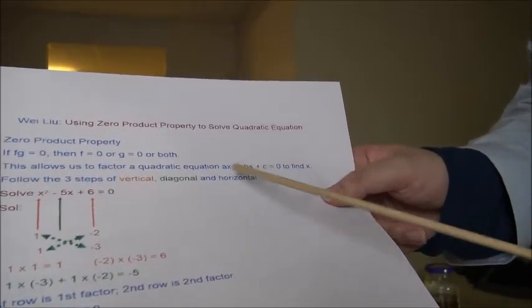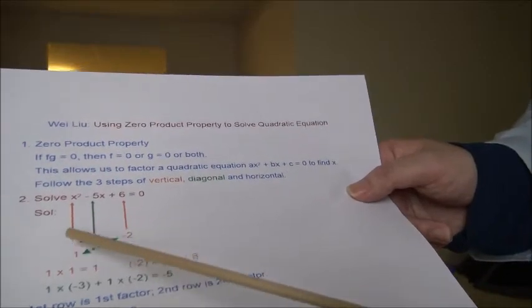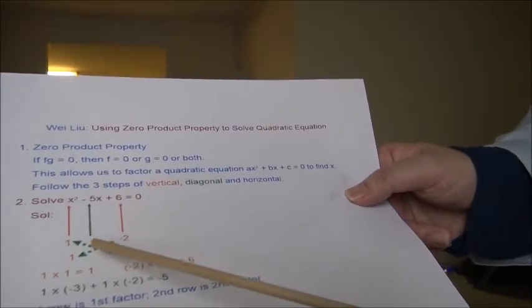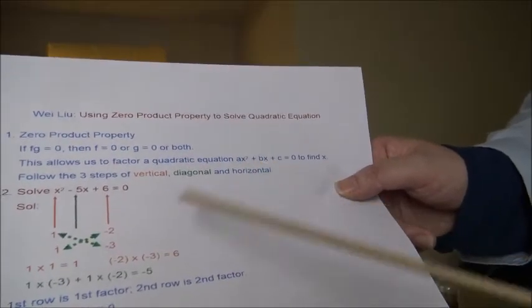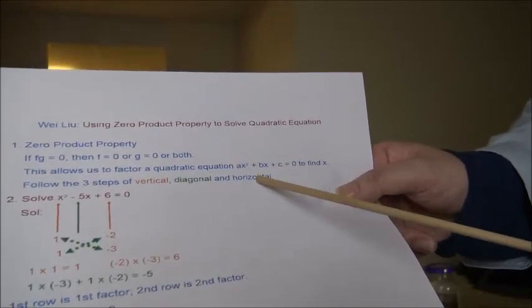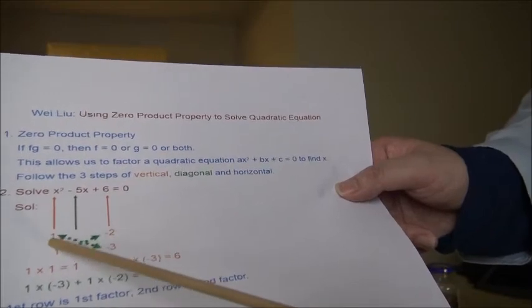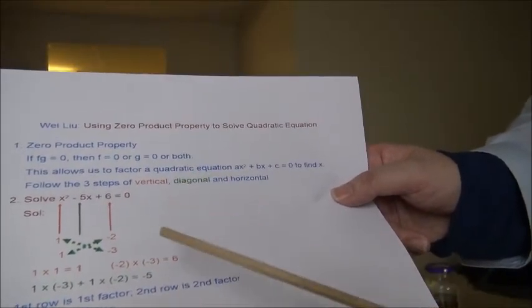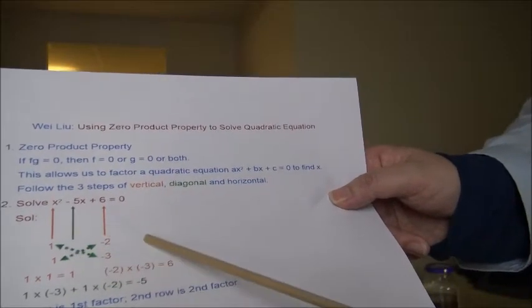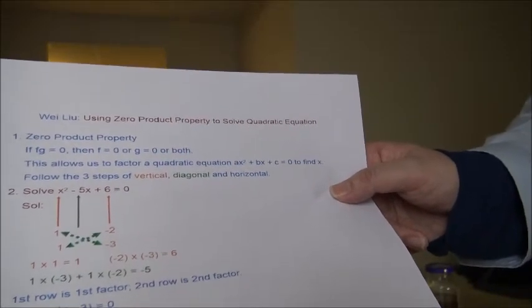Now we move to the third step. Now we have two columns. Each row of the two columns, because a row is horizontal, right, gives us one factor. So the first row gives the first factor, x minus 2.